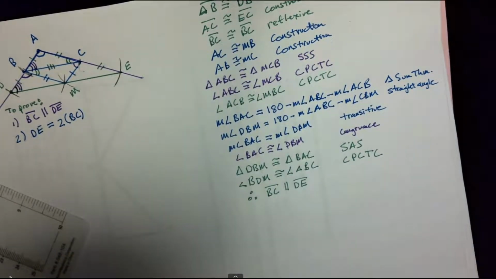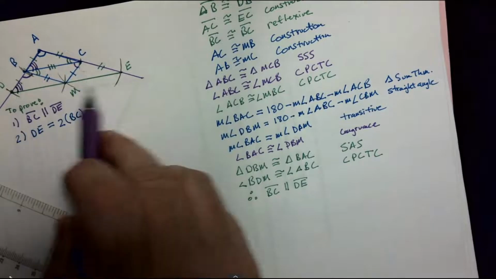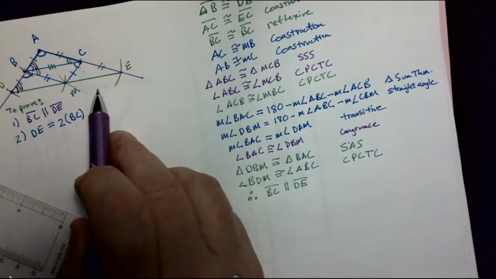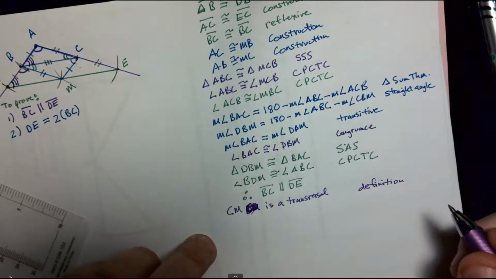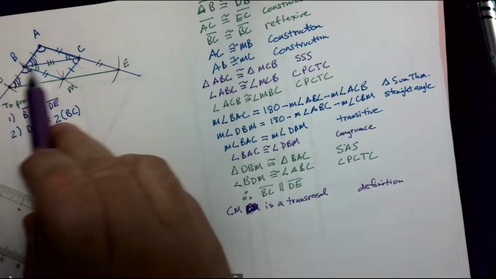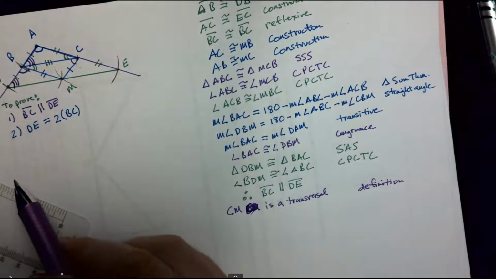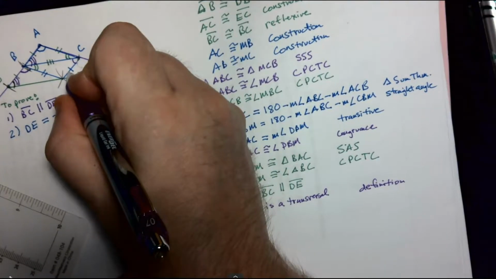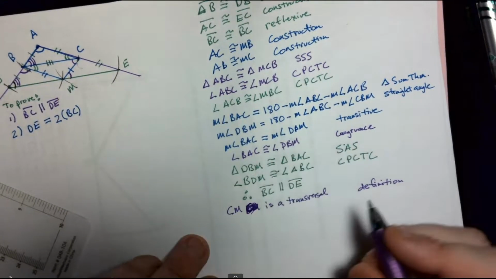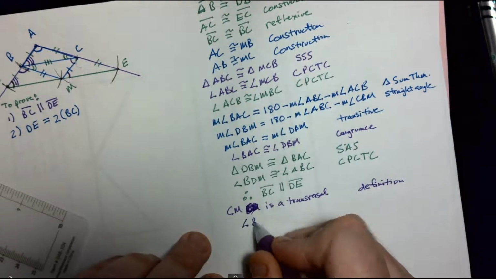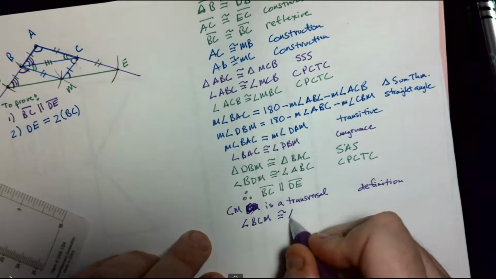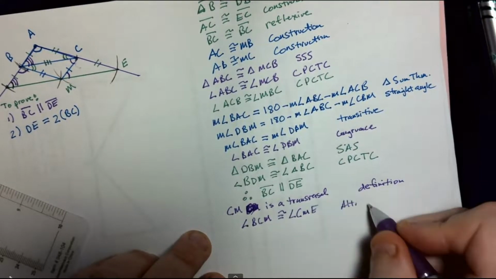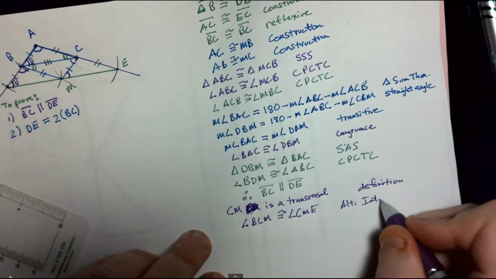Now, since we've proven these lines are parallel, it follows that CM is a transversal by definition for parallel lines BC and DE. And so we have that alternate interior angles are congruent. So we have angle BCM is congruent to angle CME, alternate interior angles.